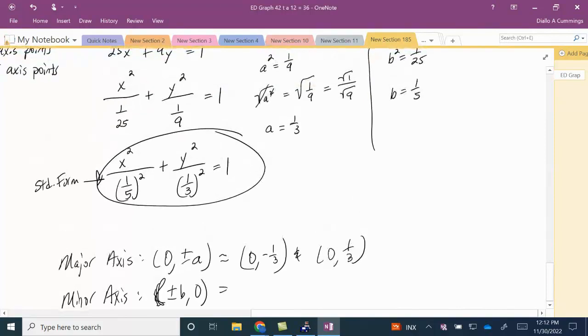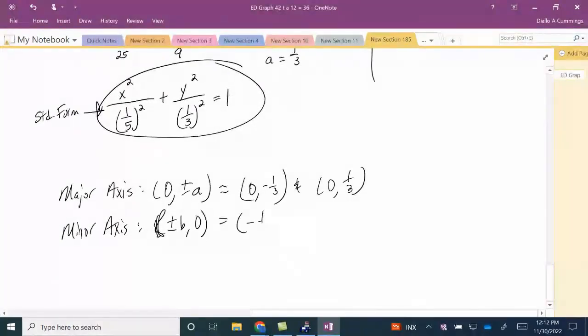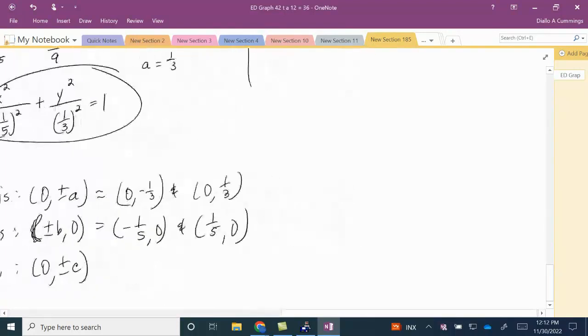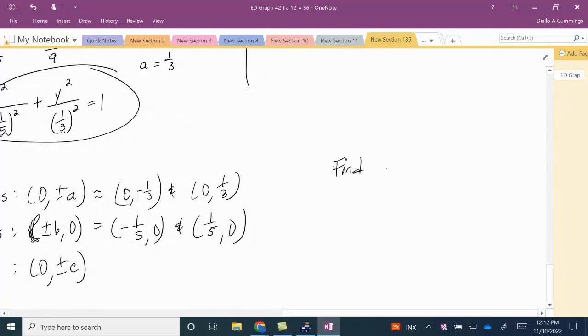And we have defined b as 1/5. So we have negative 1/5 comma 0 and positive 1/5 comma 0. And for our foci, we have 0 comma plus or minus c. So now we're going to find c.